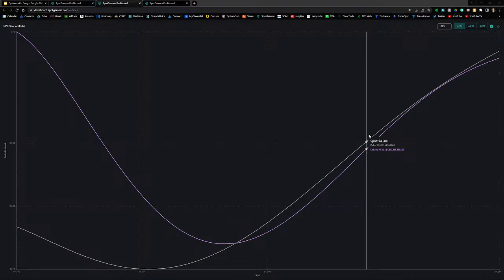So SPX is trading right around 4,500. So somewhere between these two lines. So what this is showing is if price continues to increase, market makers will have to sell futures to hedge their delta exposure.